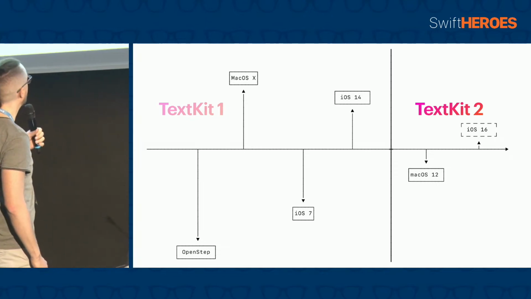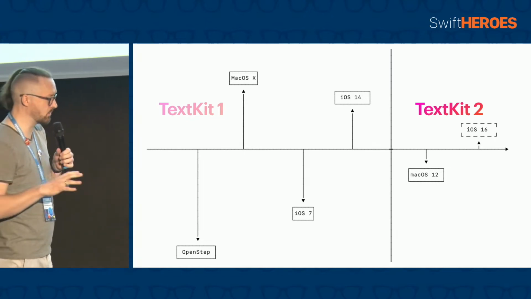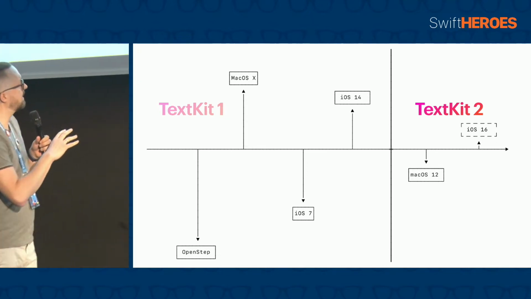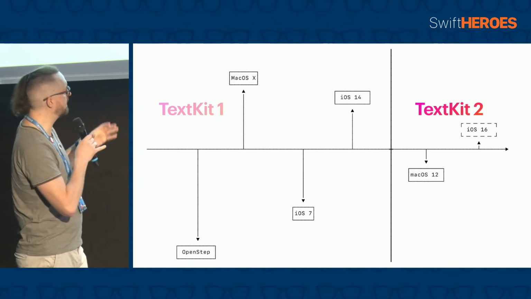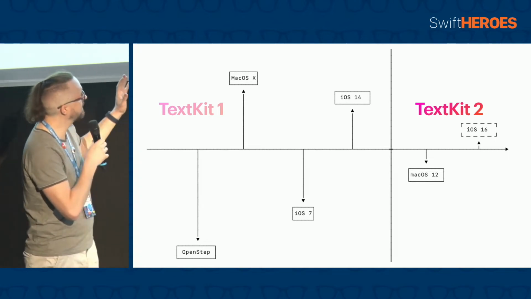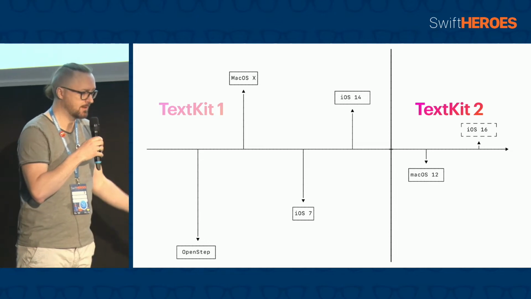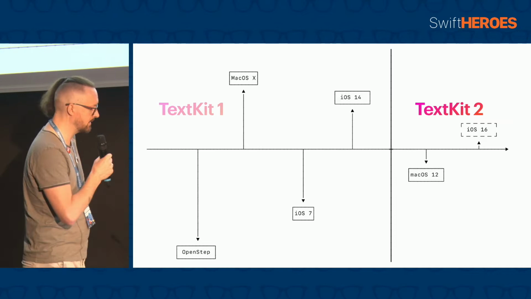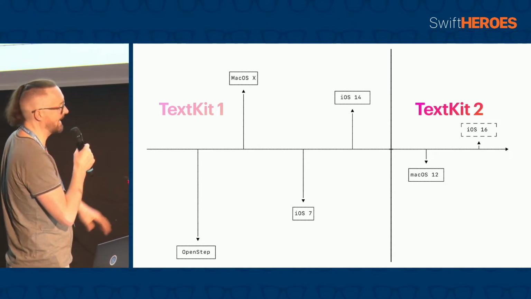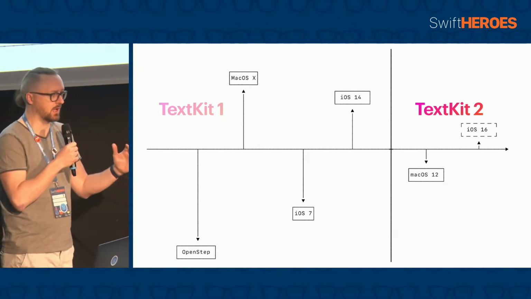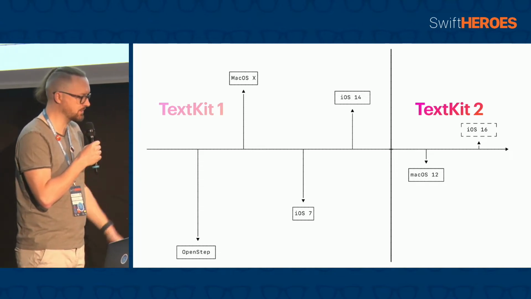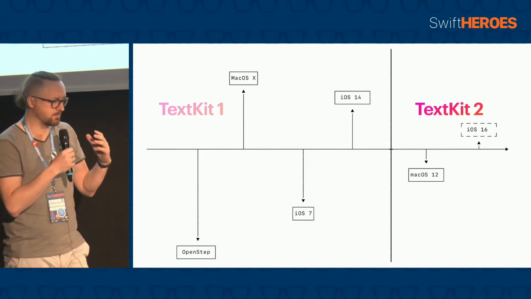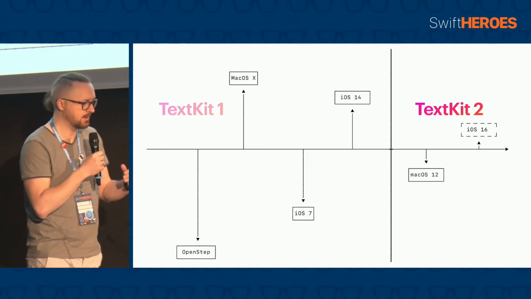So about TextKit. TextKit is the system, the framework for the layout of text. It's been with us for over 20 years, TextKit 1, starting with OpenStep. And just last year, Apple introduced TextKit 2, which is the new iteration of TextKit. They did a soft launch. They introduced the API, but the majority of the API is supported on macOS, as they say.